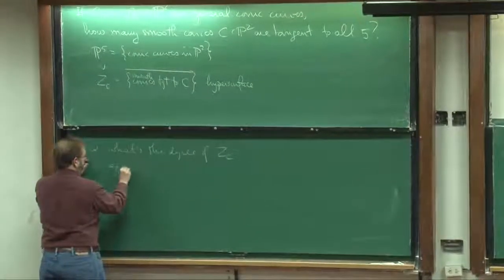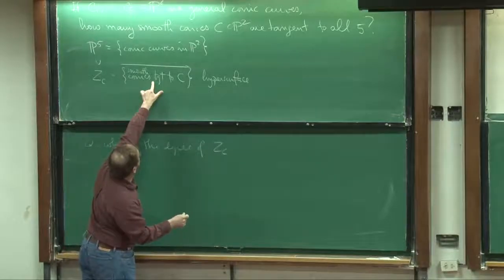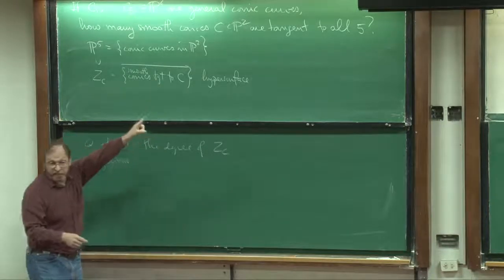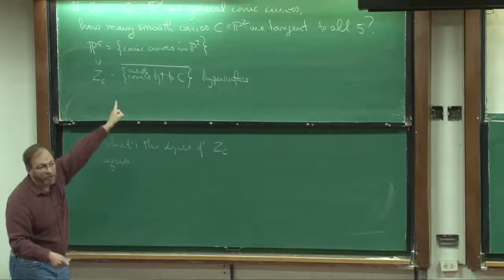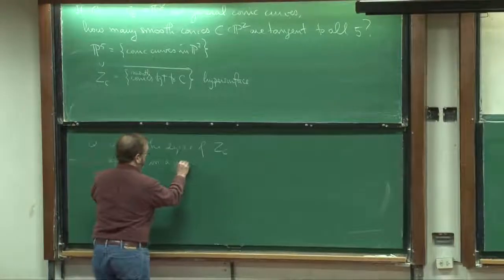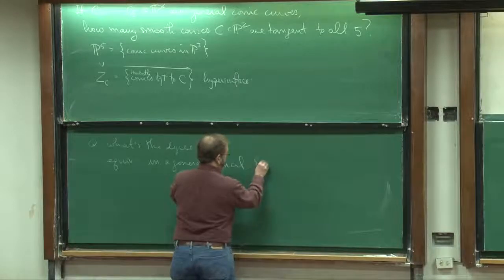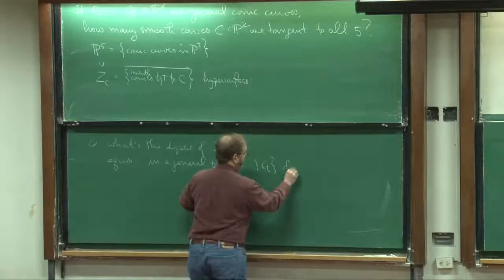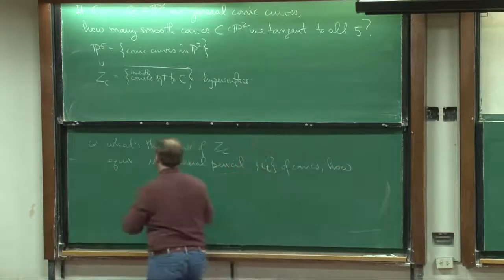Equivalently, we can ask: if we have a general pencil of conics, a line in that P5, how many points of intersection does that line have with the hypersurface? In other words, in a general pencil C sub t of conics, how many are tangent to C?